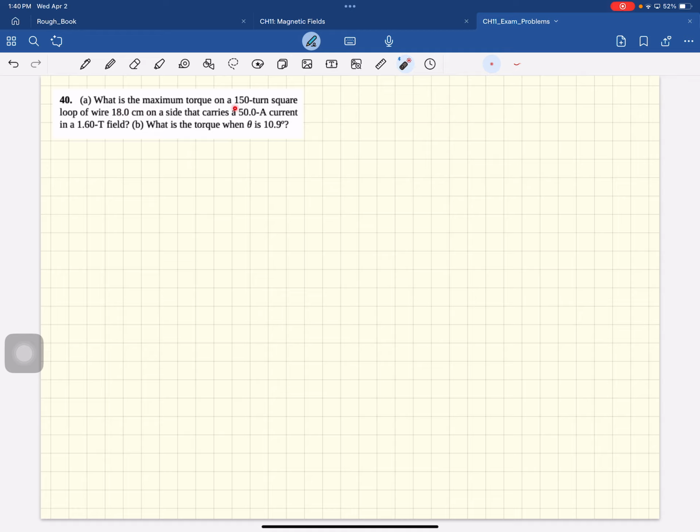What is the maximum torque on a 150 turn square loop of wire 18 centimeters on the side that carries a 50 amp current? So here's a square loop of wire. It has 150 turns. What is the maximum torque?